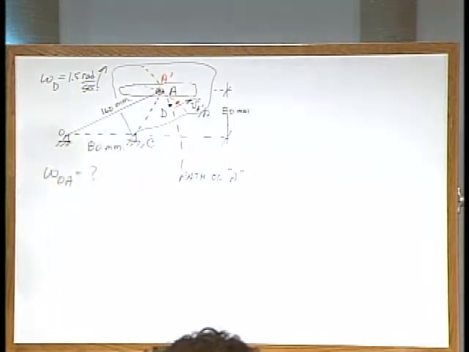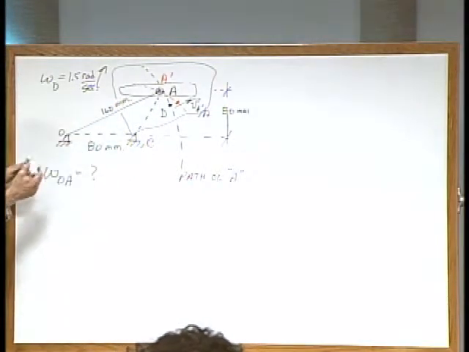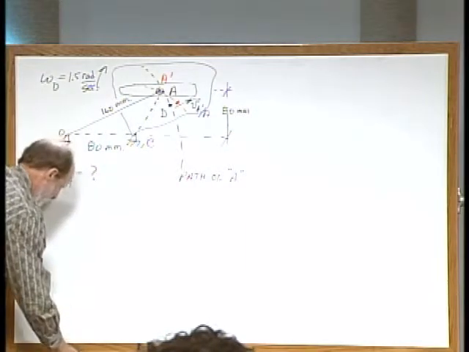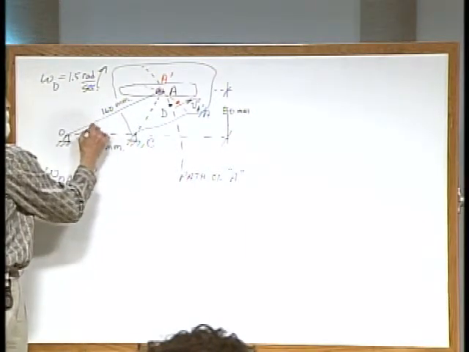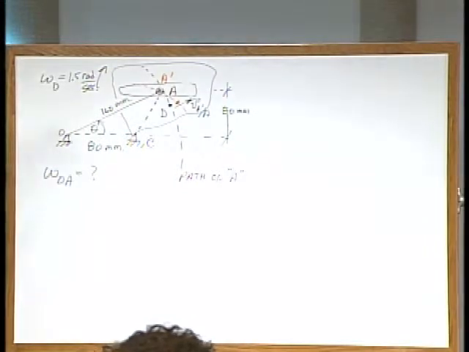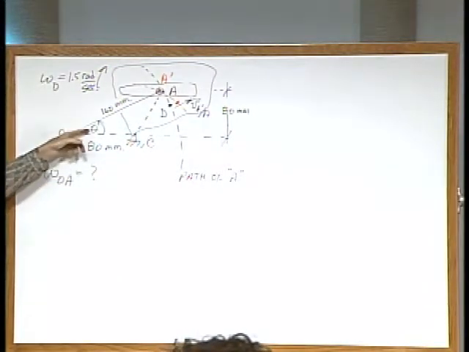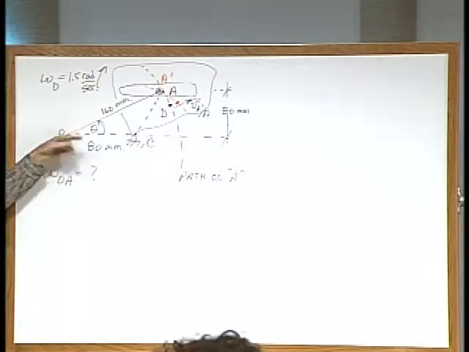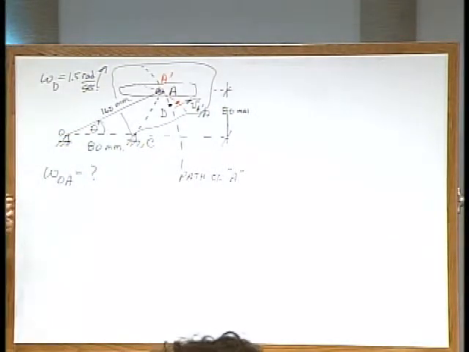Given this geometric configuration, 80, 80, 160, I look at the angle COA and name that angle some theta. So what we're looking for then is this omega, the theta dot term here. We have another angle.